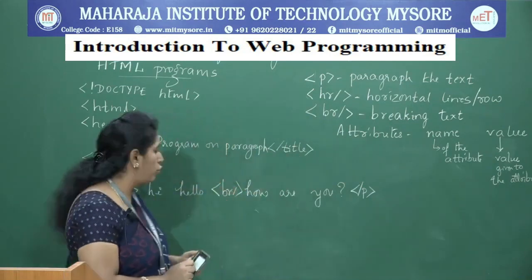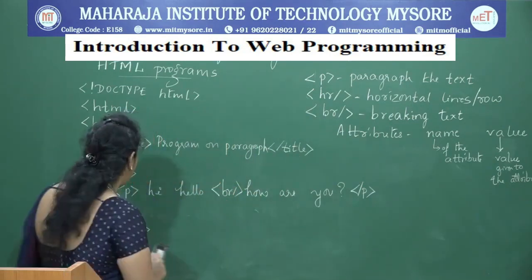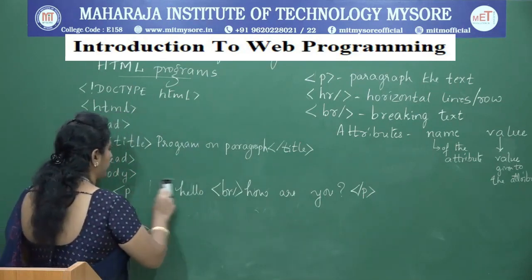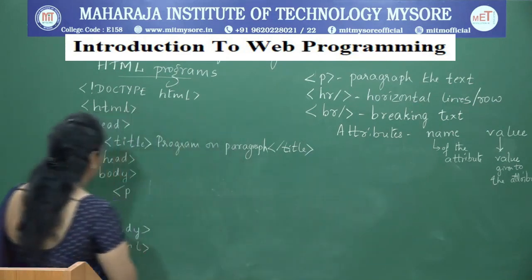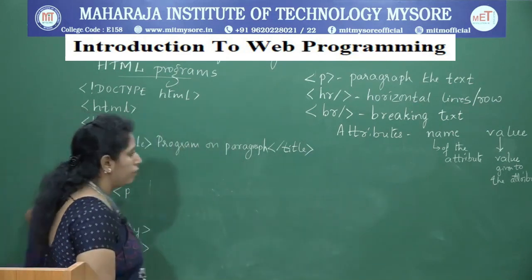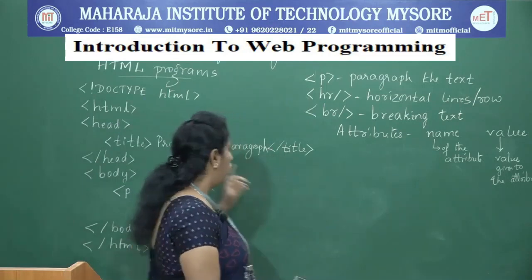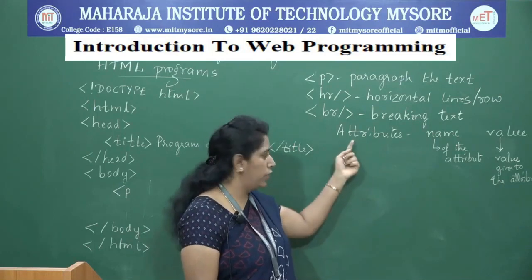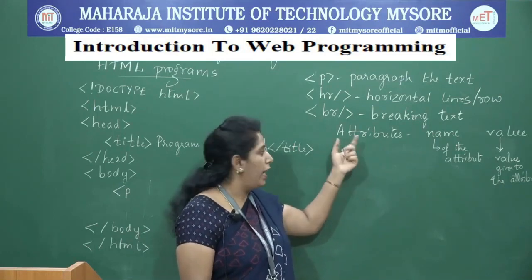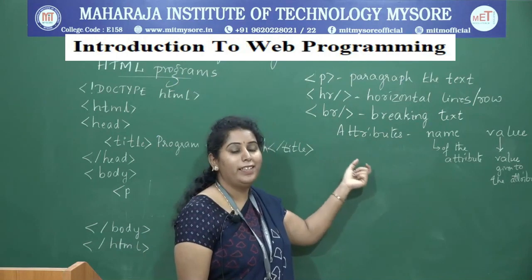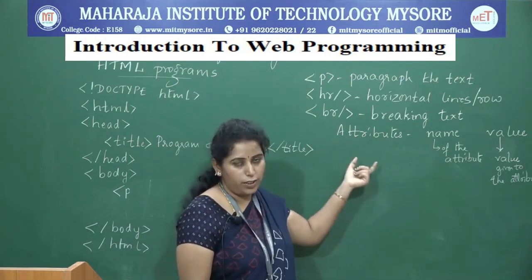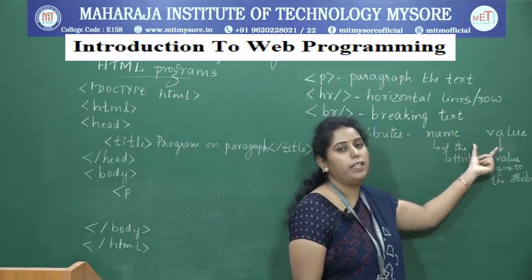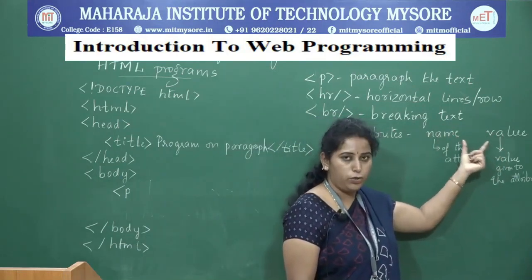Okay. So now how to use attributes in our P tag? Let me modify the example. See, you should always keep one point in mind while using attributes: attributes should be used only in the opening tag, not in the closing tag. And also one more point, values should always be enclosed between double quotes.